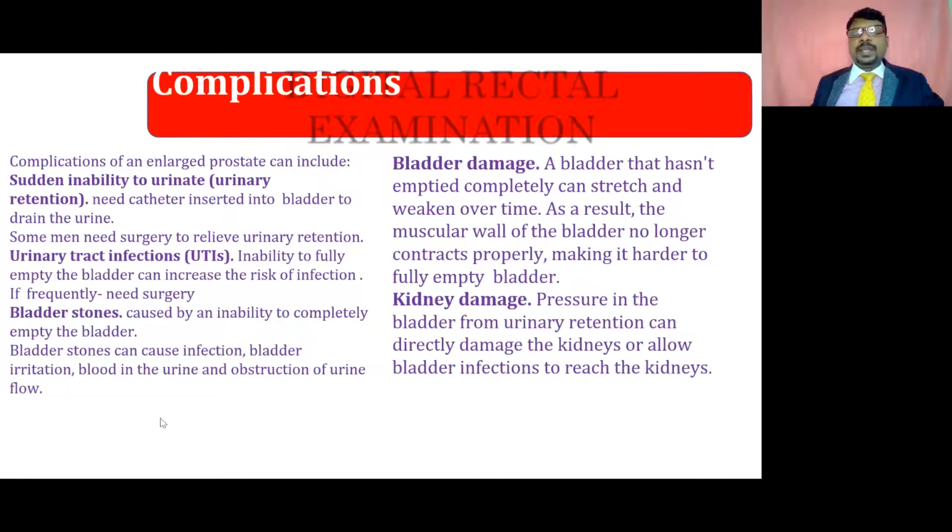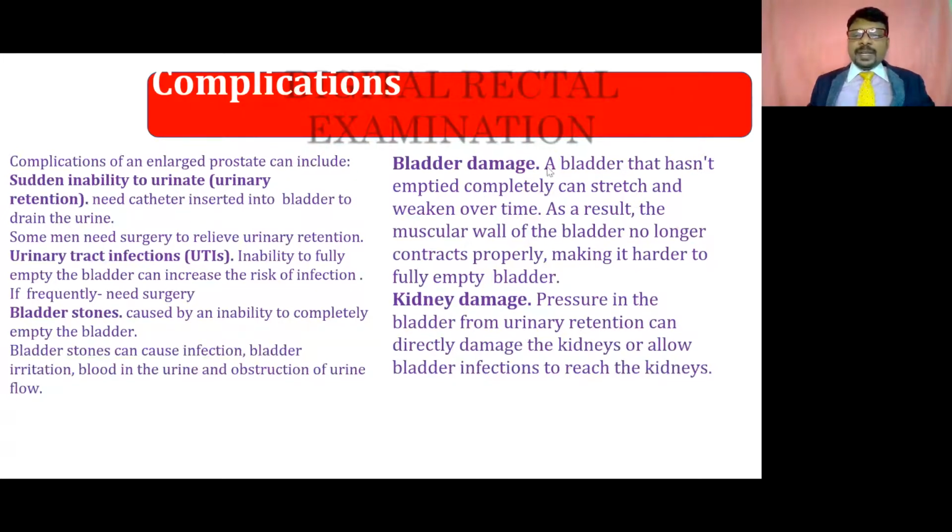The flow is already very low and the space in the ureter is very small, so if a stone comes and obstructs the flow, it causes obstruction of the urine flow. Because of the obstruction, if they strain, they may get bleeding. So these are the more common complications in prostate enlargement.